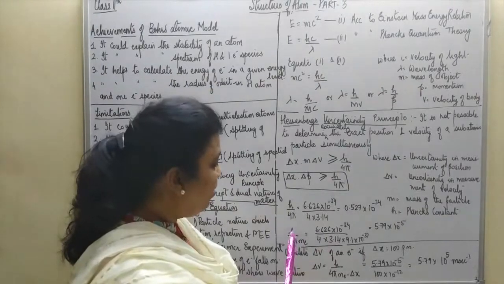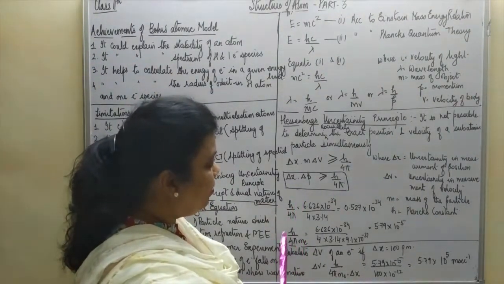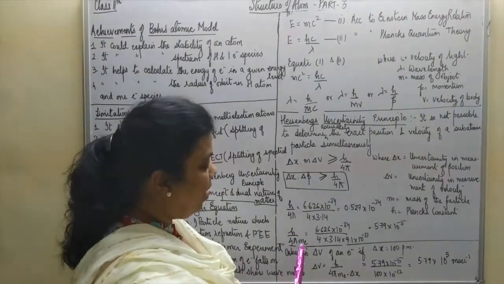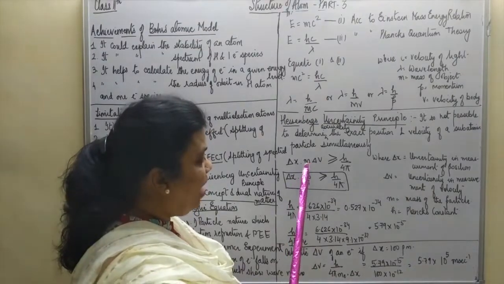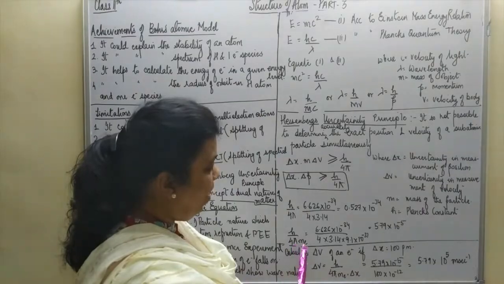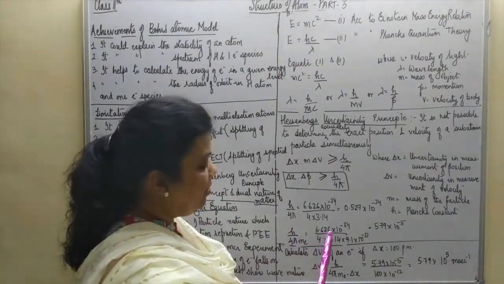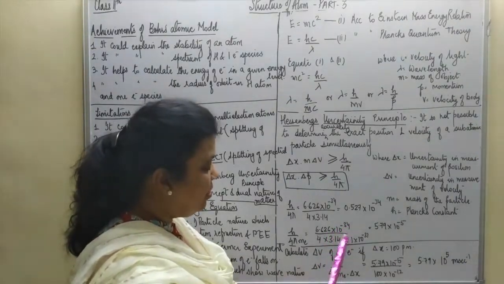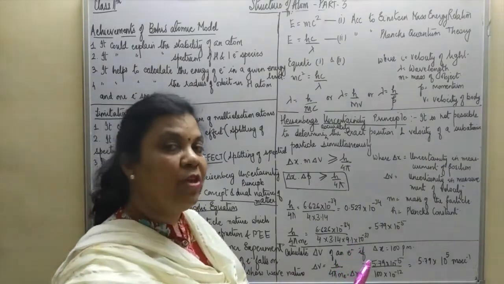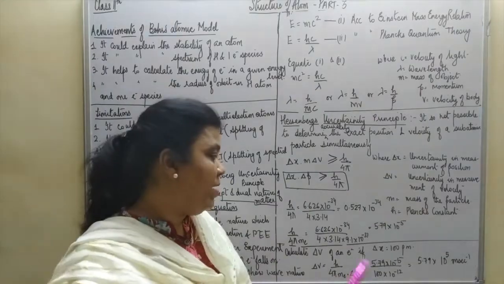In the same manner, if it is not in terms of any other object, but in terms of the subatomic particle electron, then this m will go in the denominator here. So h upon 4 pi me, all of these are constants. h is 6.626 into 10 to the power minus 34, 4 into 3.14 into mass of electron, which has a fixed value of 9.1 into 10 to the power minus 31.